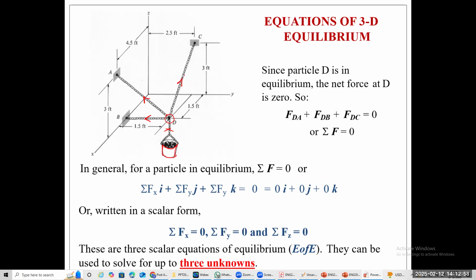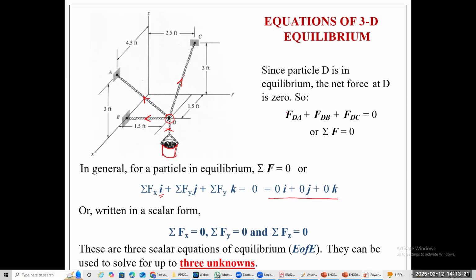So generally, for the particle with the net force equal to 0, we can say that the Cartesian effect is the sum of forces in the i, plus the sum of forces in the j, plus the sum of forces in the k. That is all in Cartesian form.